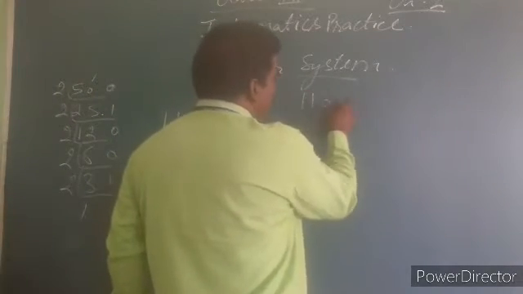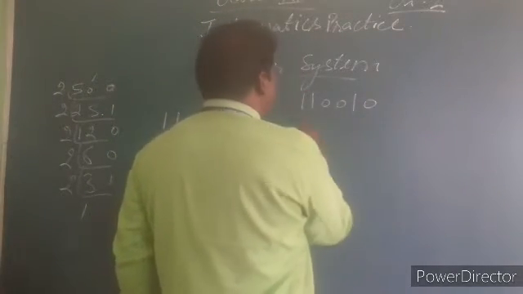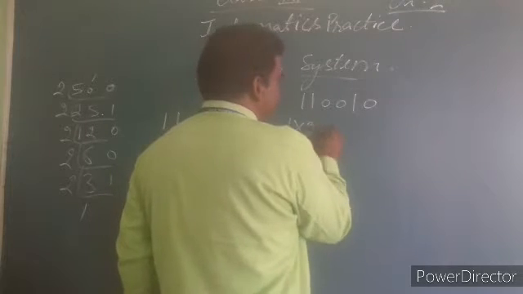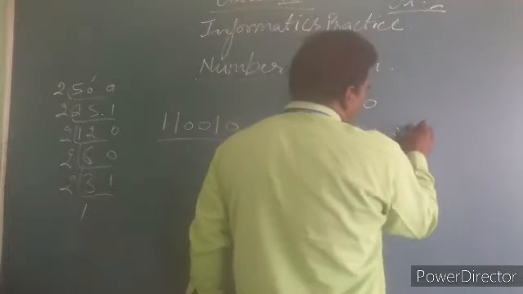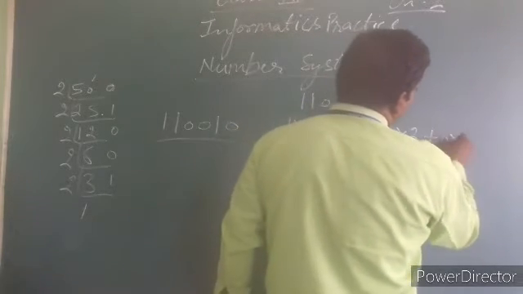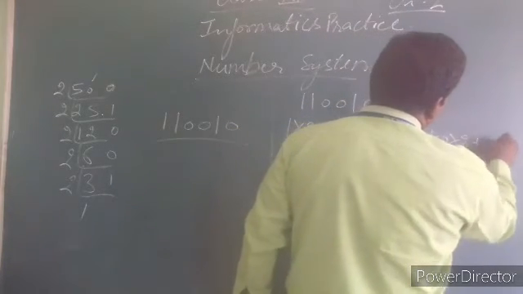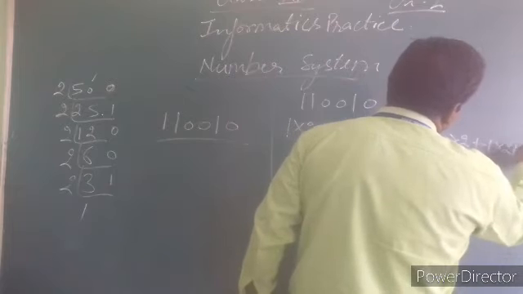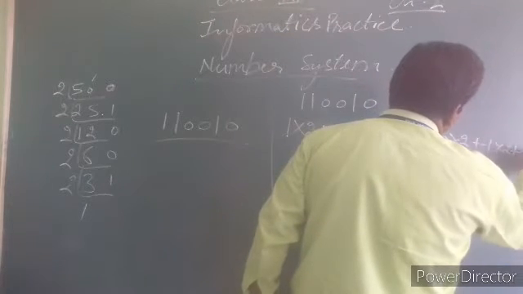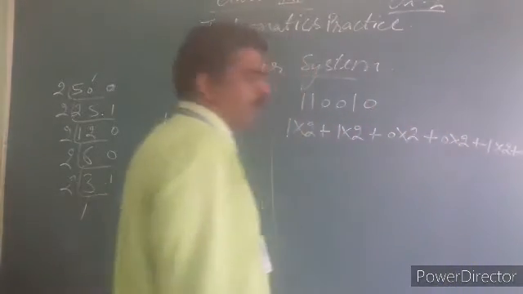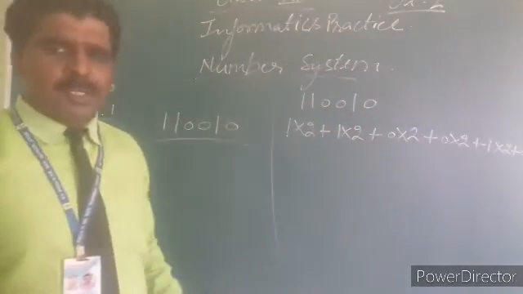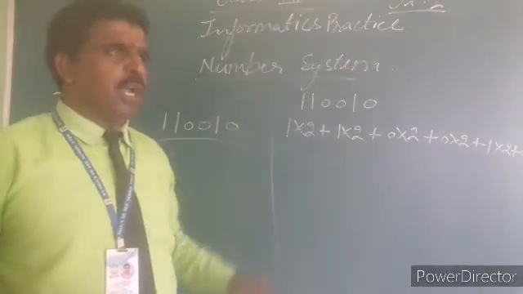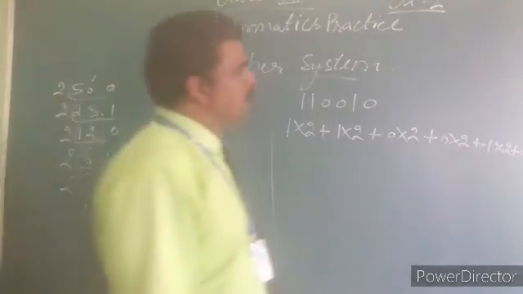So 1 1 0 0 1 0. After that, 1 into 2 plus 1 into 2 plus 0 into 2 plus 0 into 2 plus 1 into 2 plus 0 into 2. See, this type of calculation we have to compute.